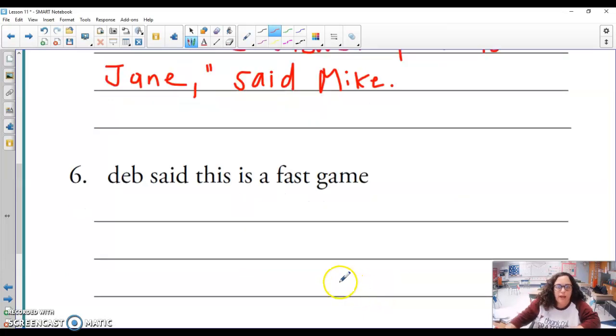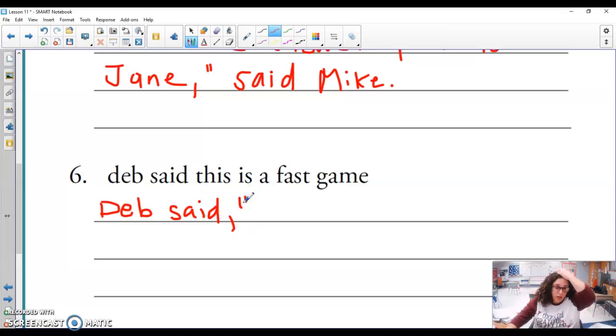And the last one, Deb said, "This is a fast game." So now we capitalize the D for Deb because it's the beginning of our sentence and it's also her name. So Deb said. You need a comma because we're going to pause for a minute to see what she said. And this is her sentence. So capitalize your T for this.